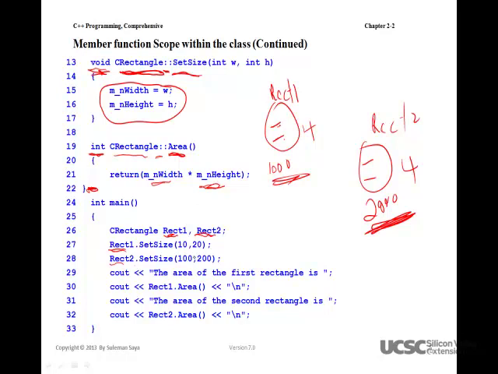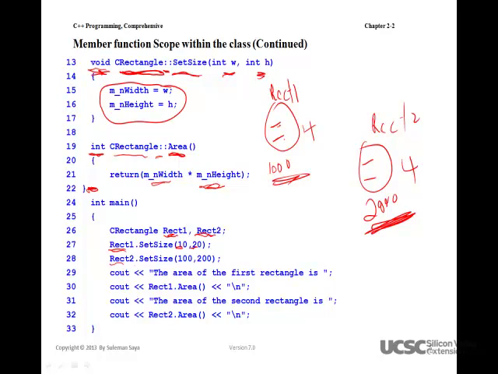Notice that I hard coded the values as parameters to the function. So when this set size is called, it actually will have some value. The W and H will have the values which will be assigned to the data members width and height.